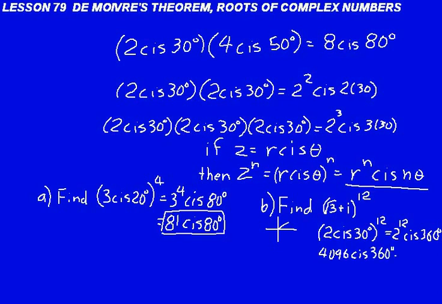Now to rewrite that in rectangular form, we'd say 4,096 times cosine of 360, which would just be 1. Cosine of 360 would be 1, and so that would be 4,096. And then 4,096 times i sine of 360. Sine of 360 would be 0.